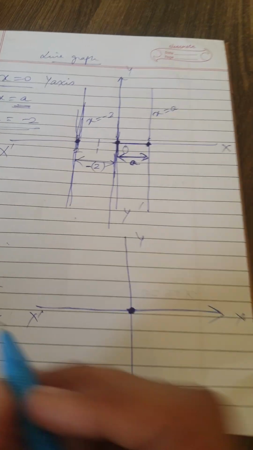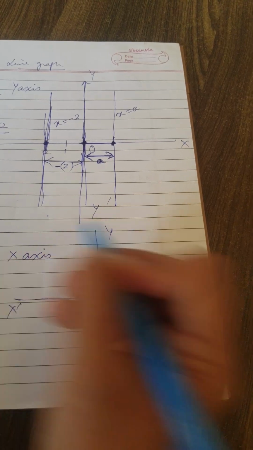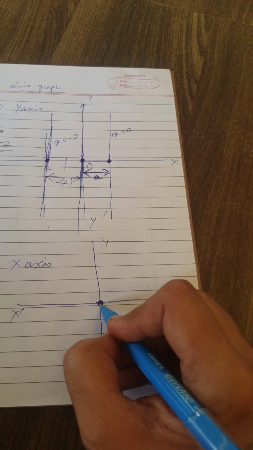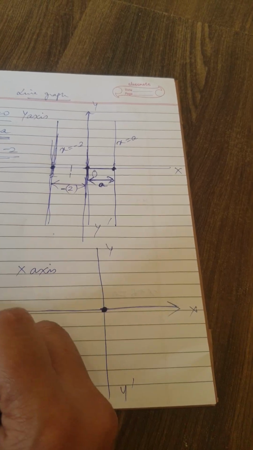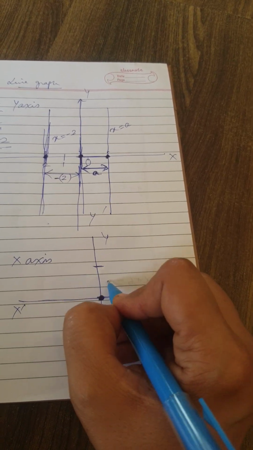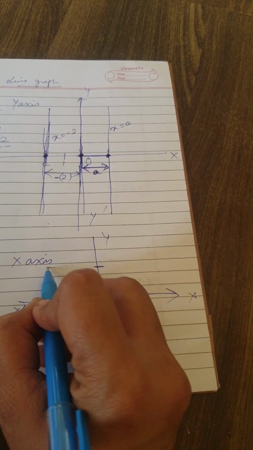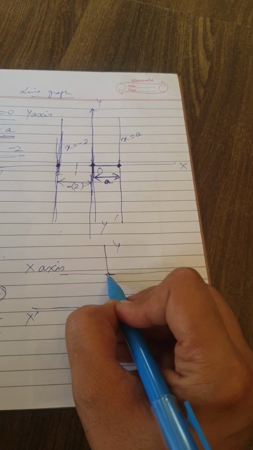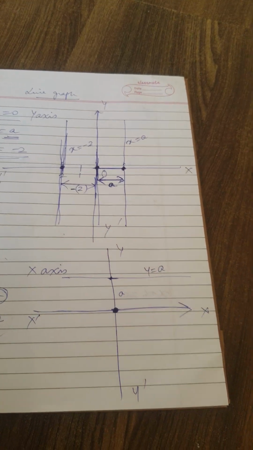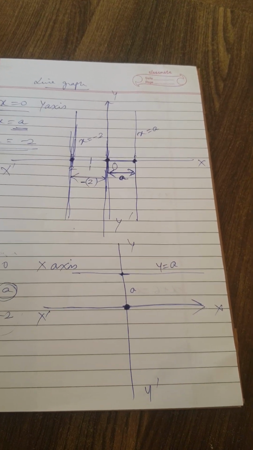That would indicate our x-axis. And if we mark any point from the origin towards the positive side of y at a distance of a, and we make a perpendicular line passing through that point, the equation of that line would be y equal to a. In the same manner as we have done for the x graph.